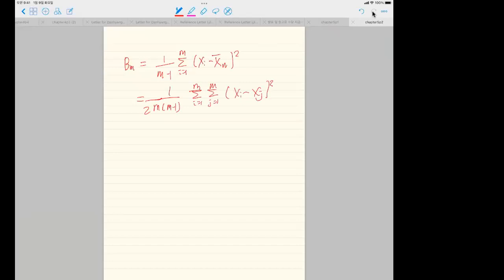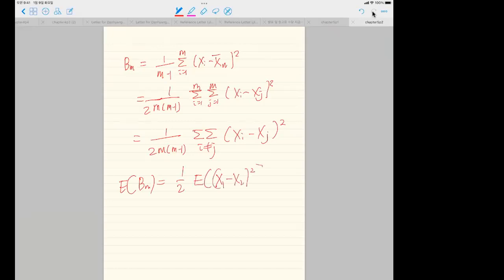And then if you take the expectation, the expectation of BM is just the expectation of (x1 minus x2) square.